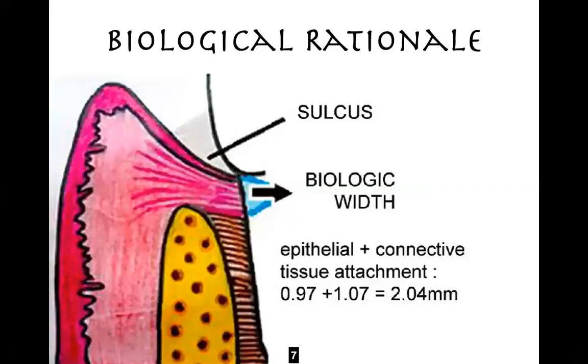So it is basically protecting the two most vulnerable structures of a tooth, the periodontal ligament fibers and the alveolar bone, which will ultimately determine the survival and longevity of any treatment you do in your dentistry. I hope I am clear and elaborate enough in this concept of biologic width.